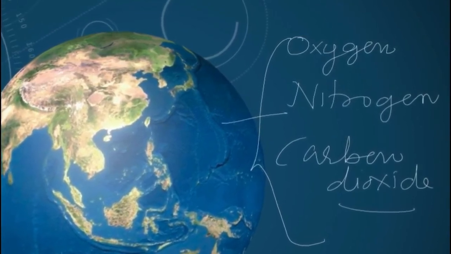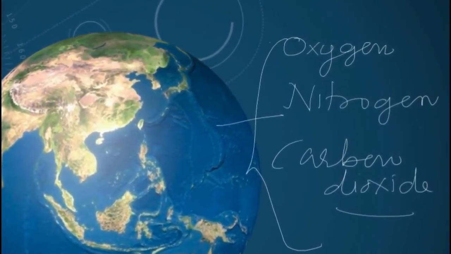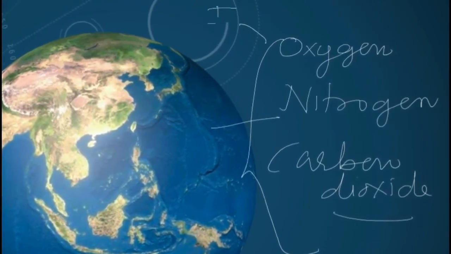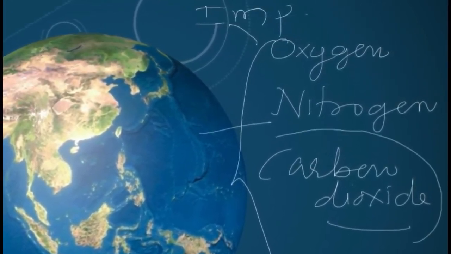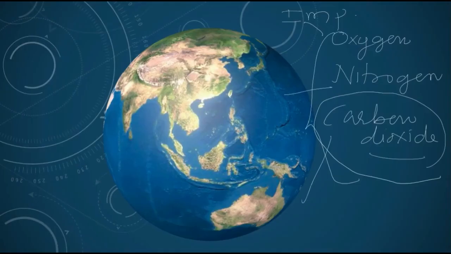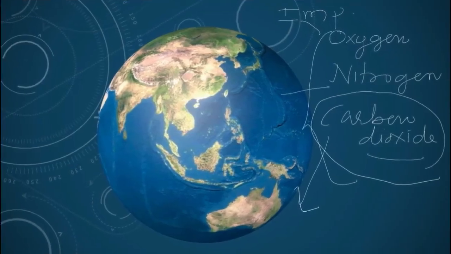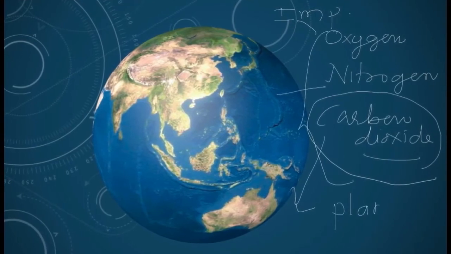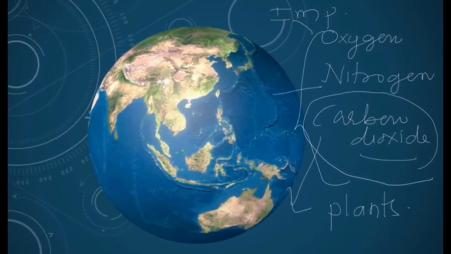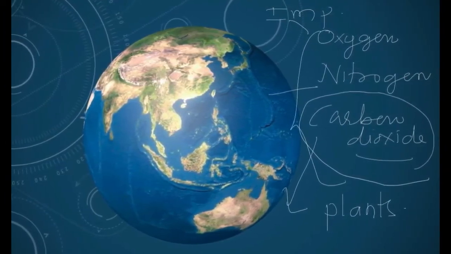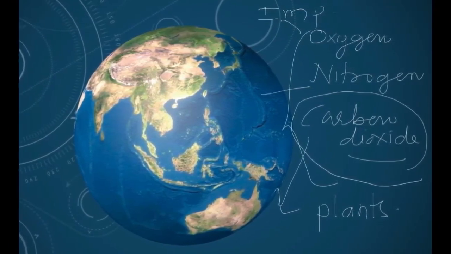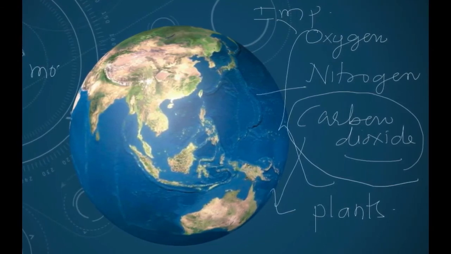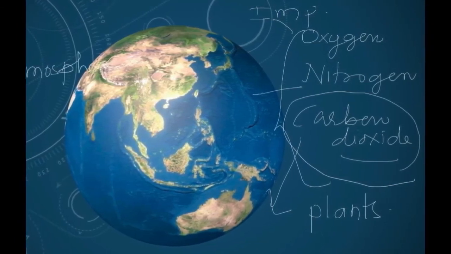What is required for us for breathing is oxygen. This is a very important gas for us. Now carbon dioxide is good for photosynthesis. For plants it is good. So we need to have some percentage of all the gases in the atmosphere. Right?